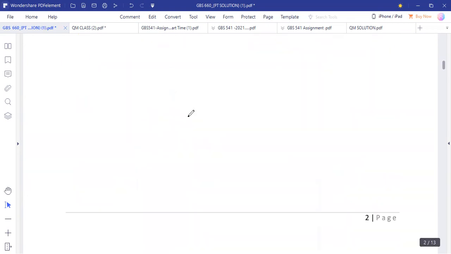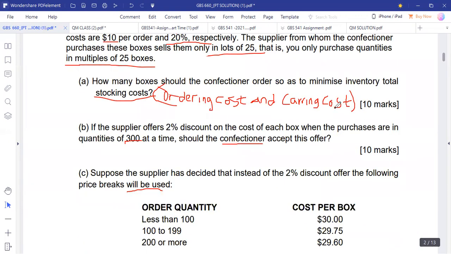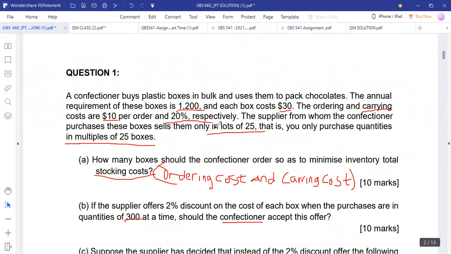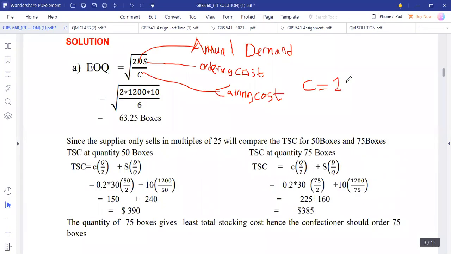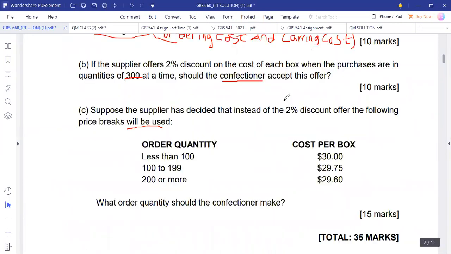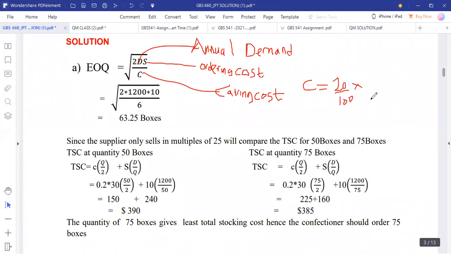So our carrying cost is actually going to be what we've been given, 20%. So it's 20 over 100, multiplied by the acquisition cost per unit, which is $30.